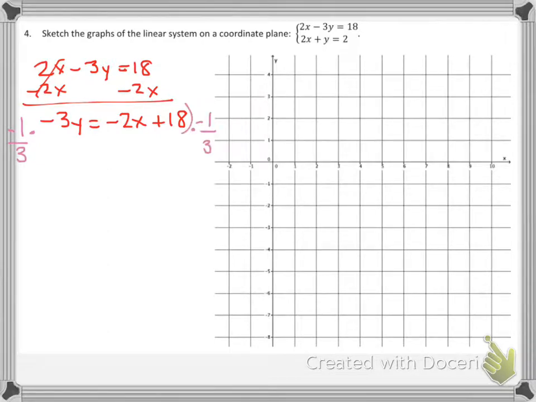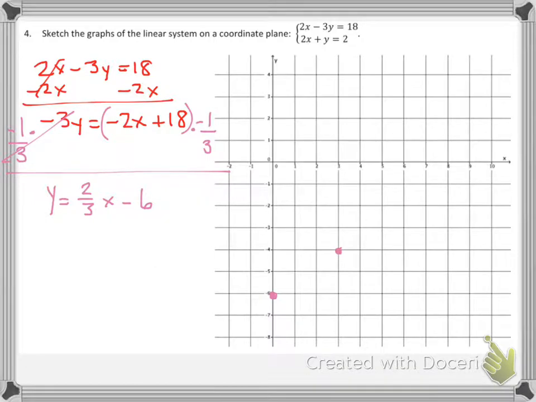And when we do that, we get y is equal to negative 1/3 times negative 2, which is a positive 2/3 x, plus 18 divided by negative 3, that's a negative 6. So I'm going to make this minus 6. y equals 2/3 x minus 6. That means I cross the y-axis at negative 6, and my slope means up 2, right 3.